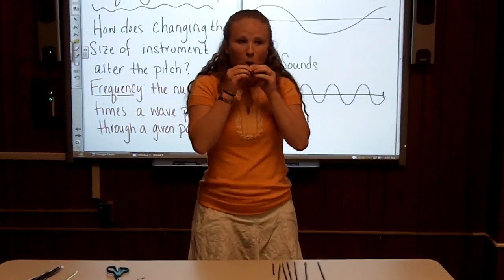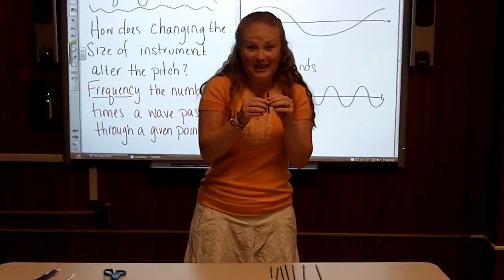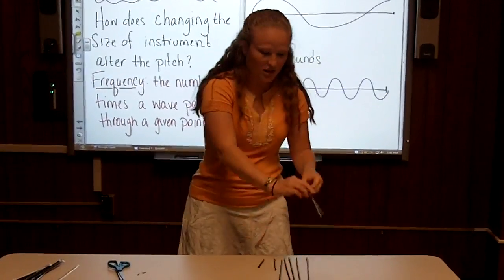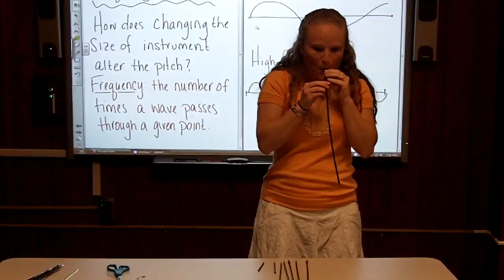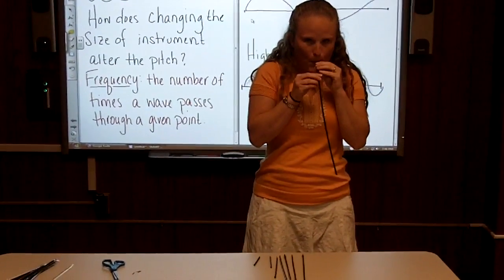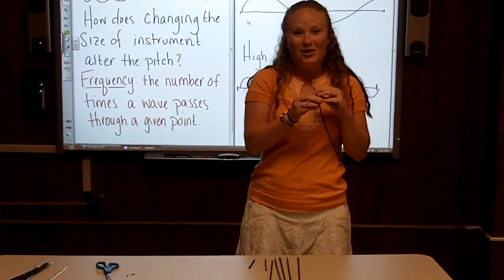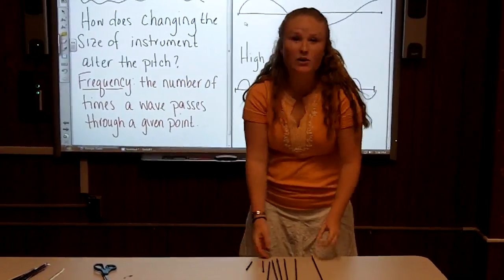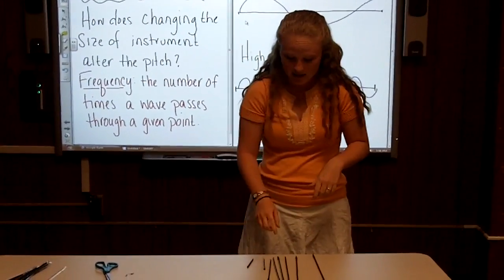The shortest one is really high versus the longest one, which is much lower. So now if we try them out in order, it should be from highest to lowest.